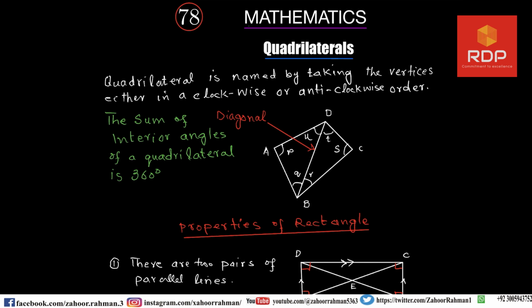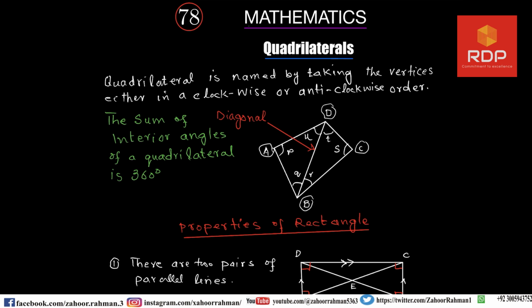Ladies and gentlemen, first of all, I have to tell you that a quadrilateral is named by taking the vertices either in clockwise direction or in anti-clockwise order. So here it is A, B, C, D, that is in anti-clockwise direction.